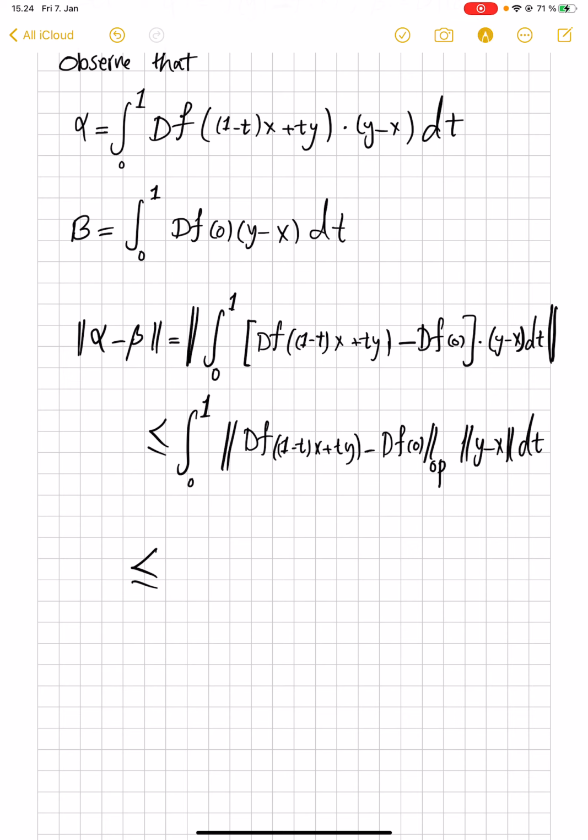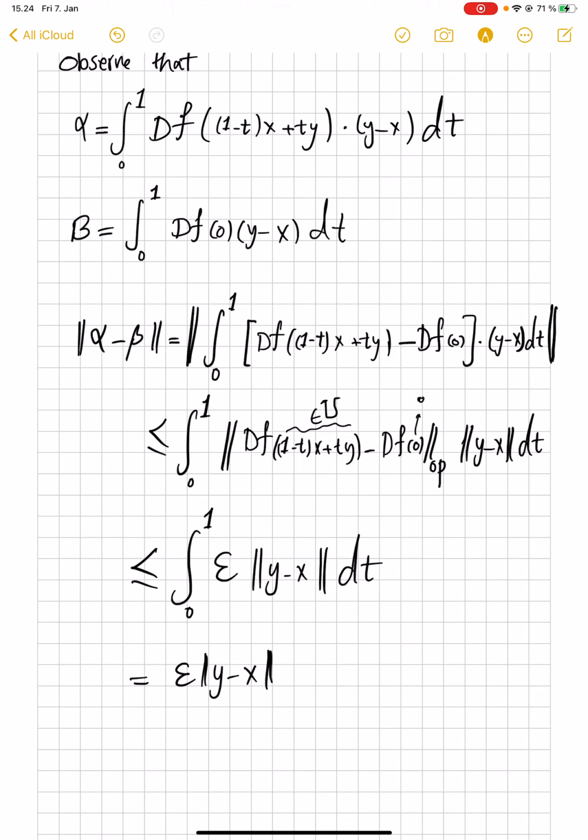But guess what? This is a point in my u, and this is 0. And from the very first things that we arranged, the operator norm doesn't change more than epsilon within that neighborhood. So it is at most epsilon times the norm of y minus x dt, and this is just a constant being integrated, and that's it.